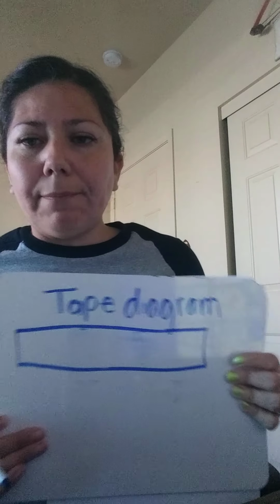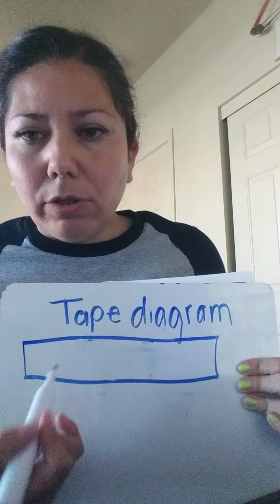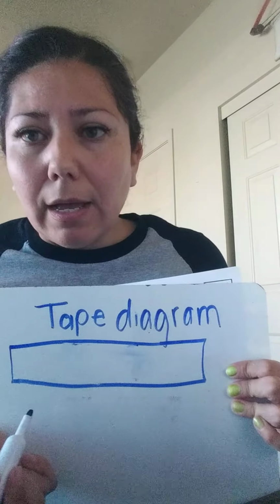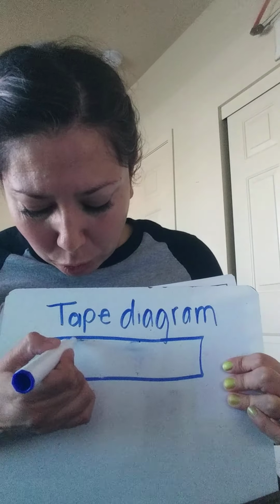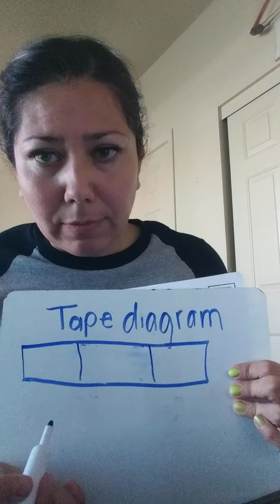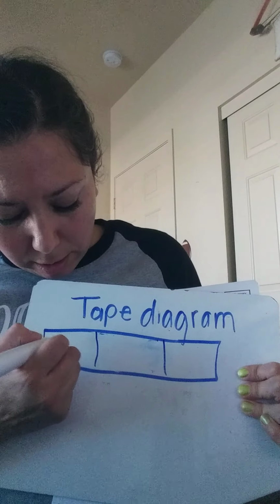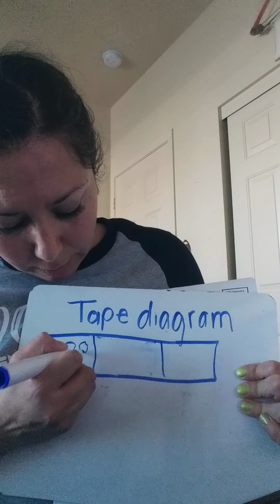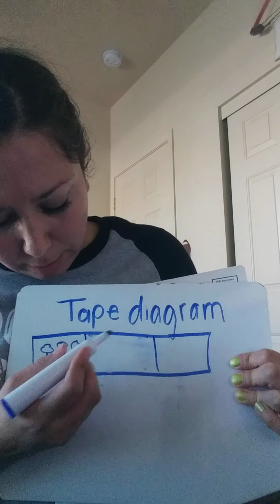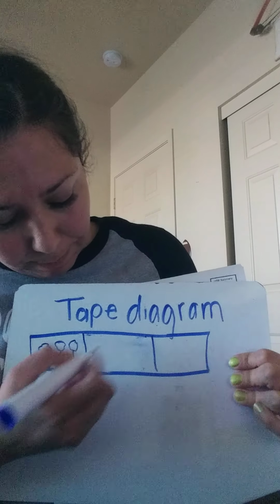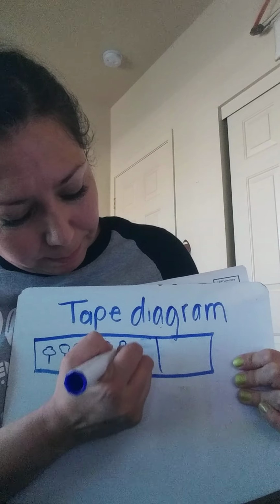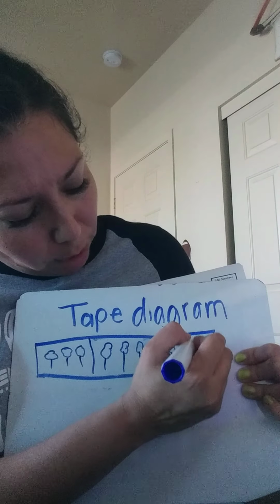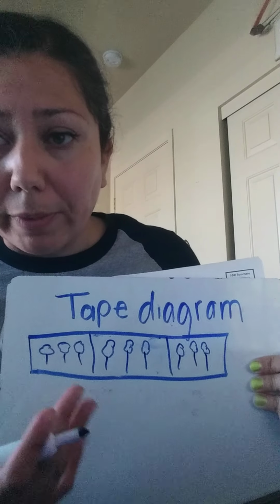I'm going to give you guys another example here. So this is our blank tape diagram. So let's say I'm going to have 3 groups of trees, my beautiful trees, or popsicles, or balloons, or whatever.